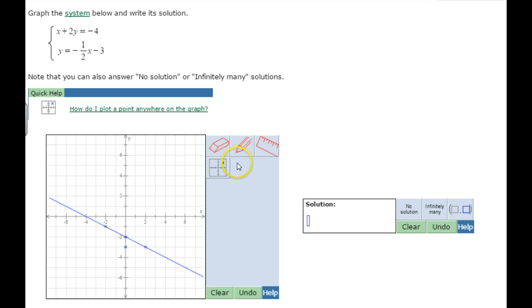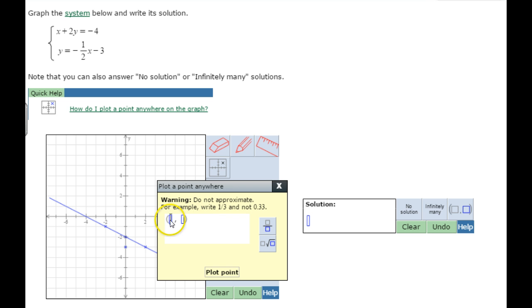Another point that I'll pick, let's try when x is 3. Again, I could pick different points, and these are just numbers that I'm choosing. I'm choosing them because I know they probably will help eliminate the fraction. Actually, I'm going to change my choice to be when x is 2. That way, 1/2 times 2 gives me 1, and there is a negative, so that's a -1. Minus 3 is a -4 for the corresponding y.